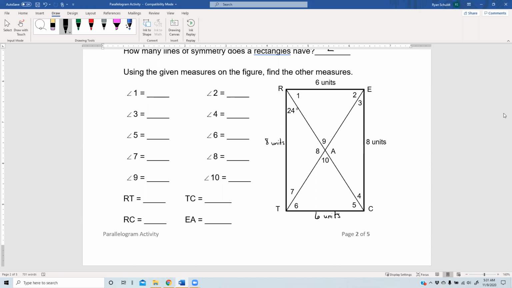Okay, so now we got to deal with angles.